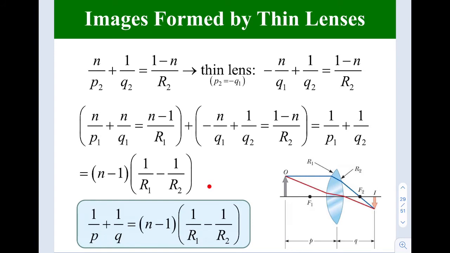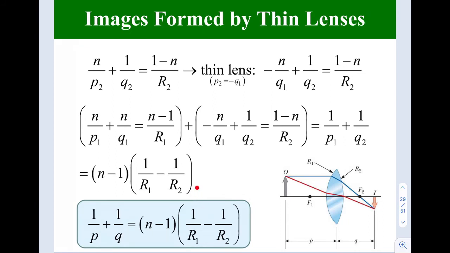This expression relates the image distance Q of the image formed by a thin lens to the object distance P and to the lens properties, which are the index of refraction and the radii of curvature. It is valid only for paraxial rays and only when the lens thickness is much less than R1 and R2.